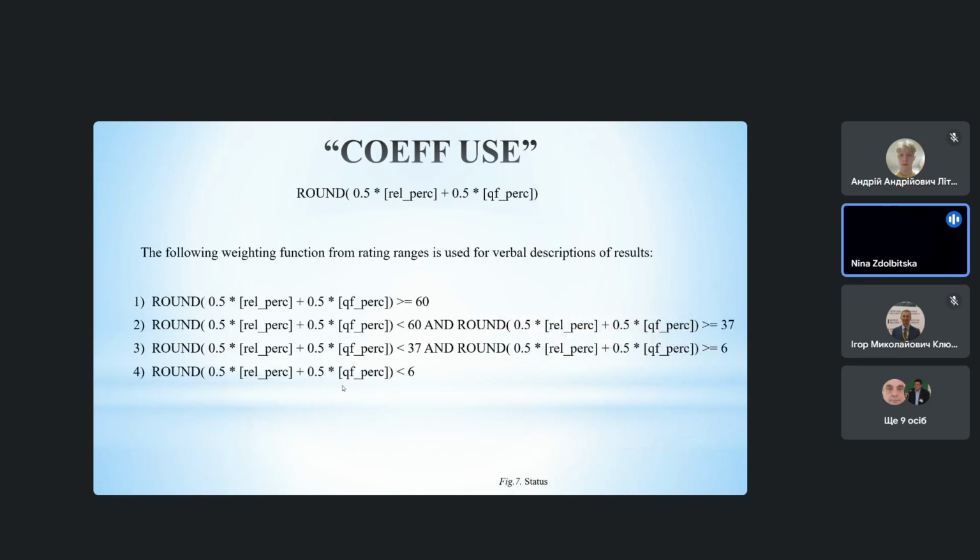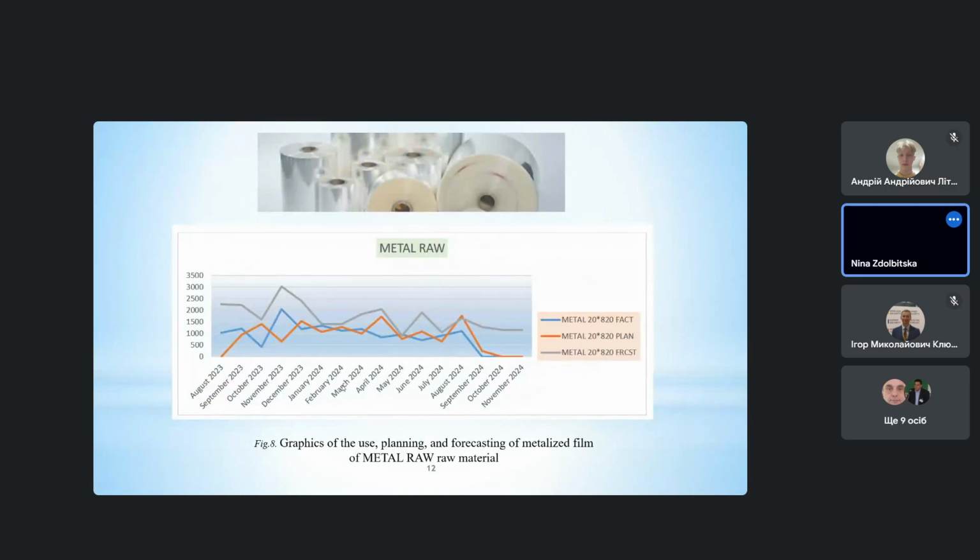The following weighting function from rating ranges is used for the verbal description of use, where round is the rounding function, and the coefficient is an assumption for the contribution of the calculated forecast and manager's quality effect in the higher weighted function.